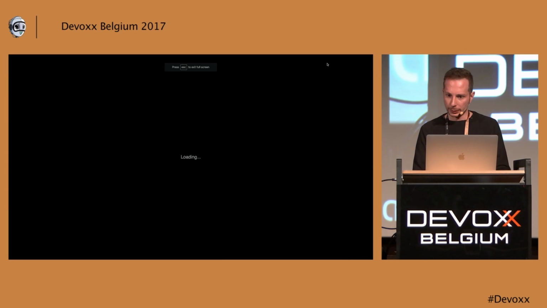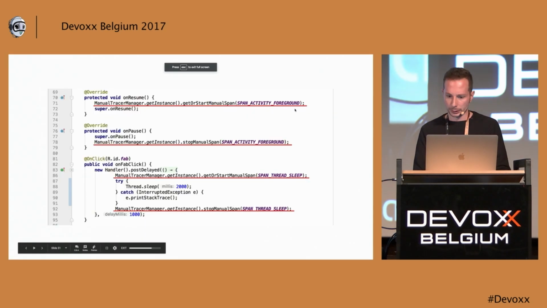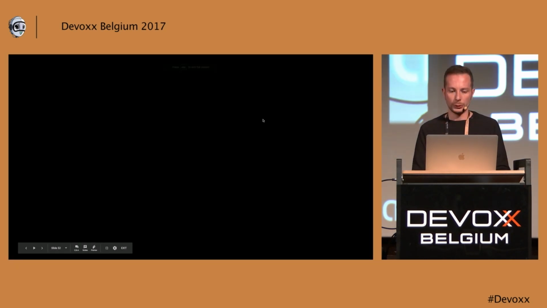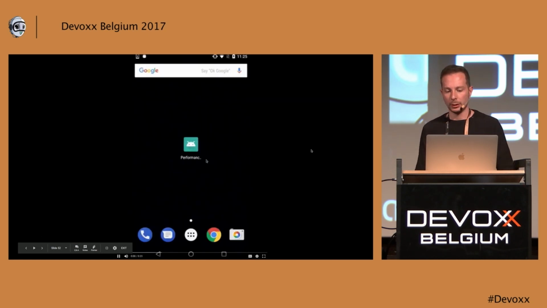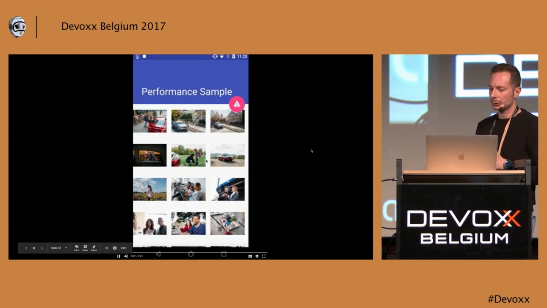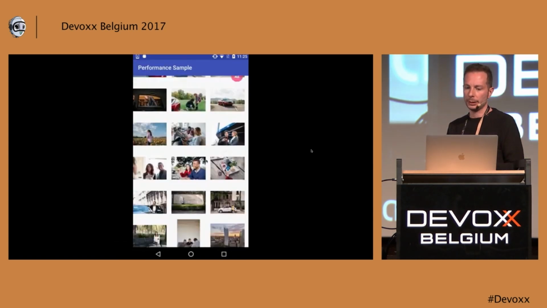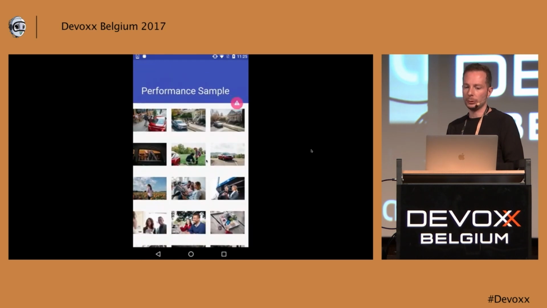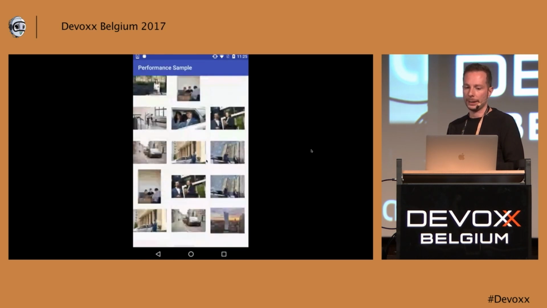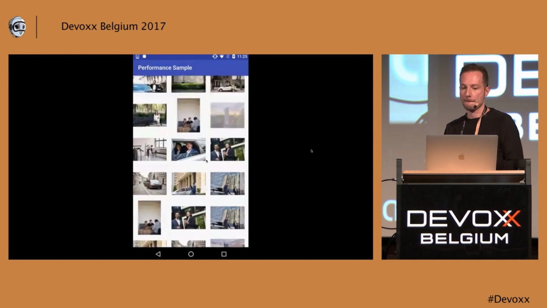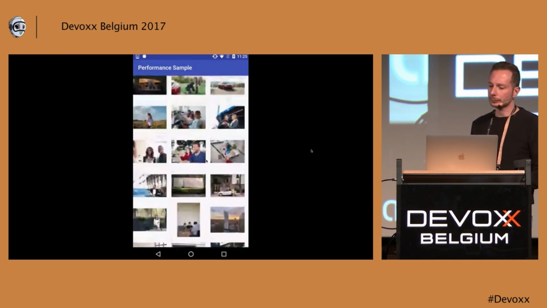Actually, let me go forward here. Okay, let me show you what this looks like. So you can expect to have something like this. Simple app, you start it, it's loading a bunch of images. Now you scroll, it's fine. And now you click on the fab button on the top. And now it's frozen. And it's recovered again.